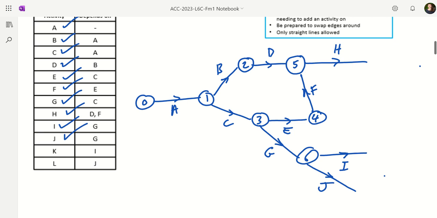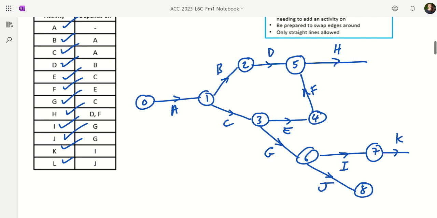K can be completed once I is completed, so let's complete I, number 7. Let's have K here, probably have to redraw this in a second. And L can be completed once J is completed, so L. Okay, now I've just got 3 arcs that are just pointing off into nothingness. I need to join those up now into a sink node, because at this point the process is completed.